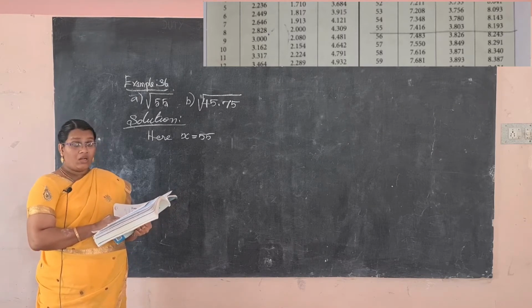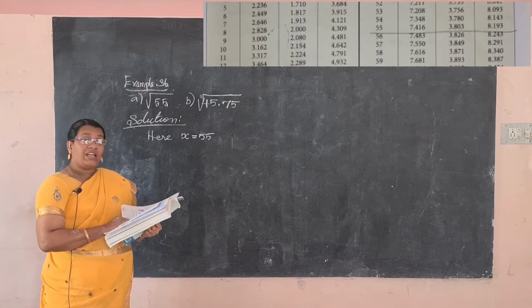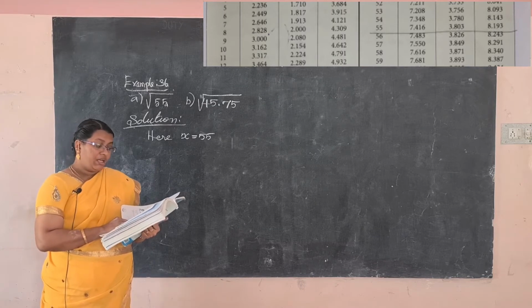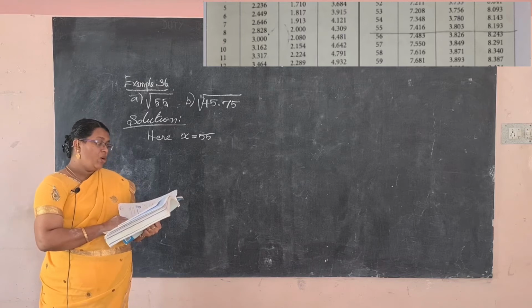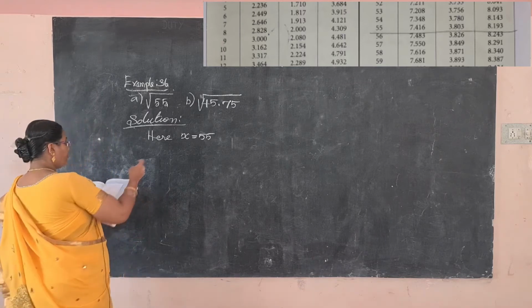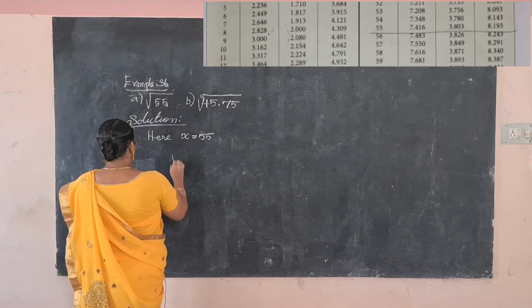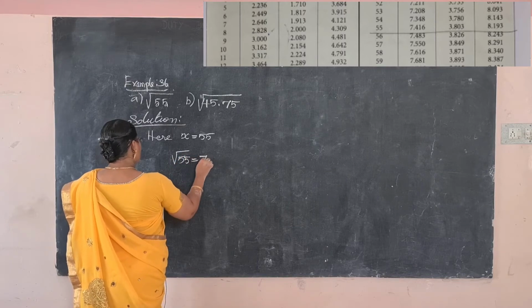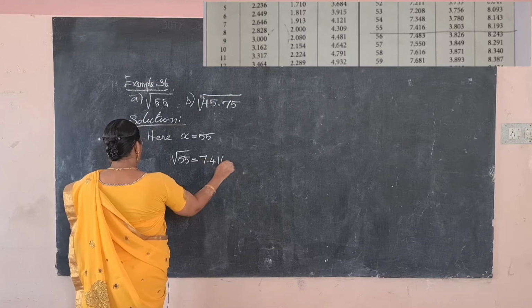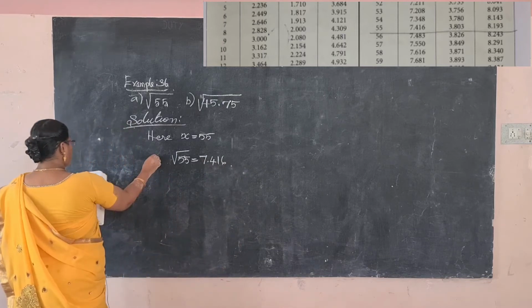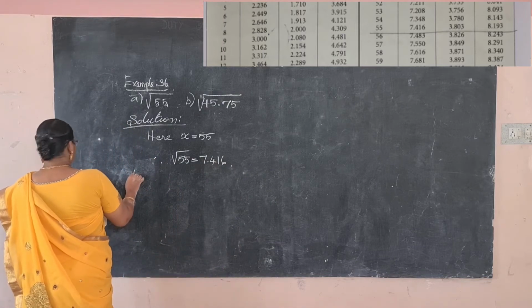What is the value against the number 55? The square root of 55 is equal to 7.416. Okay, so that is the answer. And next, the B problem.